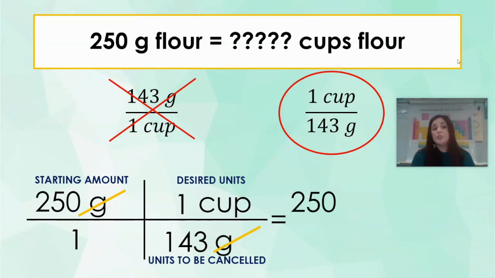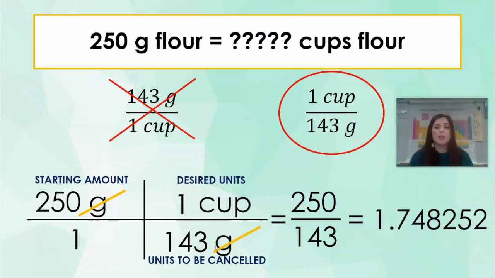Remember what I like to do, I like to multiply straight across and then divide by whatever's on the bottom. So 250 times 1 gives me 250 going across here, and 1 times 143 gives me 143. So to get my final answer, I would just divide those 2 numbers.